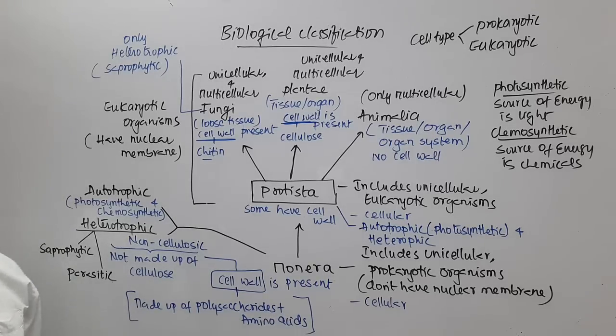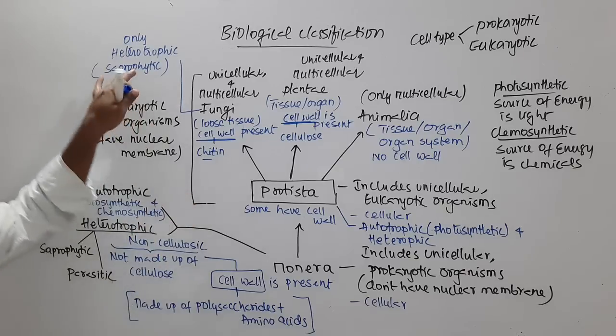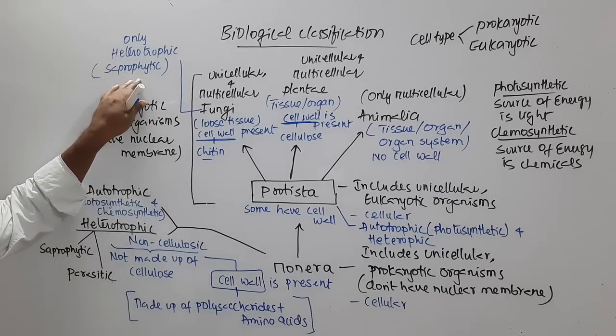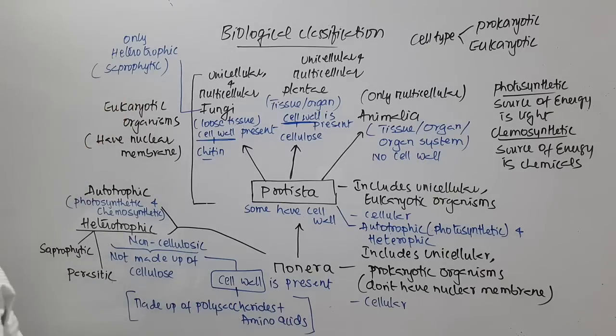Saprophytic nutrition is a type under heterotrophic nutrition. So in case of fungi, it shows only heterotrophic nutrition, and that is saprophytic. I told you already, I'll discuss in detail in the coming session what actually this saprophytic nutrition is and how they obtain the nutrition by this method.